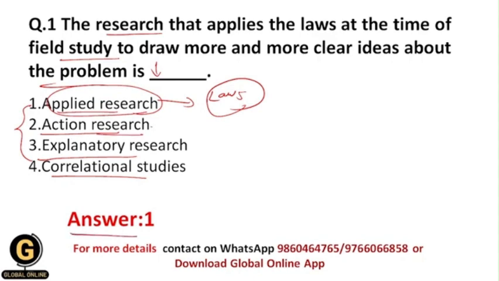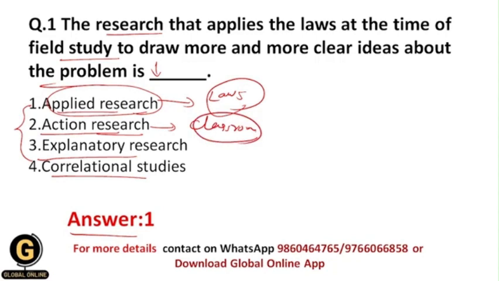Action research is again a type of research, and by using action research we also solve the immediate problems, but here we don't apply the laws to our problems. This is the big difference between action research and applied research. That's why action research is specifically implemented in the classroom environment, or you can say in the teaching and learning processes.